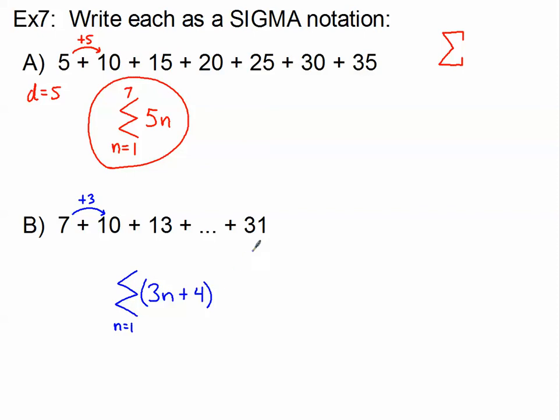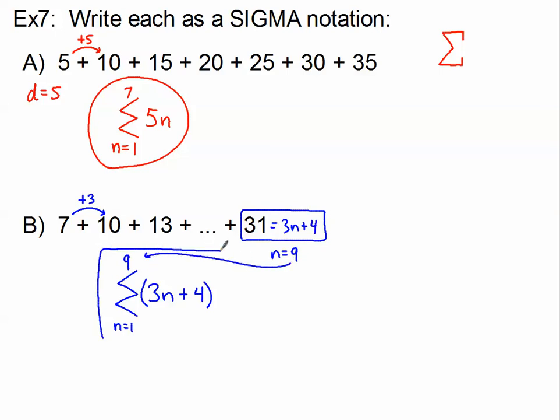You could subtract the 4 and you'd be to 27, and then divide by 3 and you'd see that it's 9. What I'm doing is saying that this 31 is equal to 3n plus 4, and then solving this equation. And I get that n is equal to 9. That is my upper bound, so I can put that right in here, and I have my sigma notation.